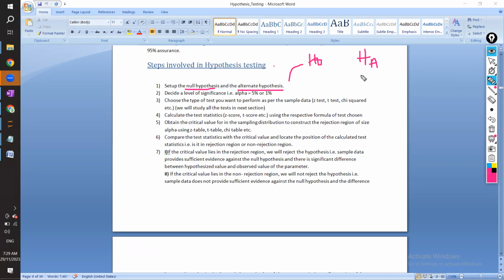After that, you need to decide a level of significance. You remember alpha; that alpha you need to decide. Alpha is the probability of rejecting the null hypothesis when it is actually true.